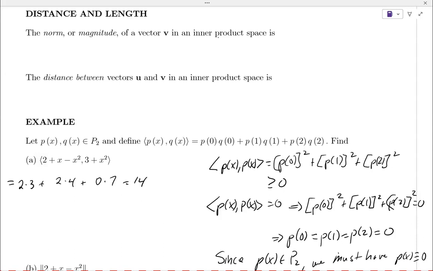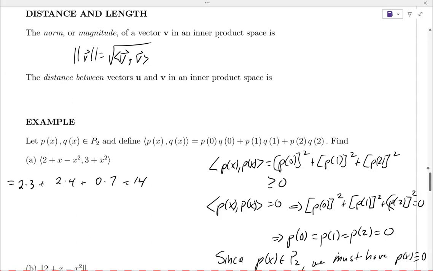So for any inner product space, we can define the norm of a vector as the square root of the inner product of the vector with itself. Well, I should use inner product notation here. The square root of the inner product with itself. This is how we define magnitude, define norm.